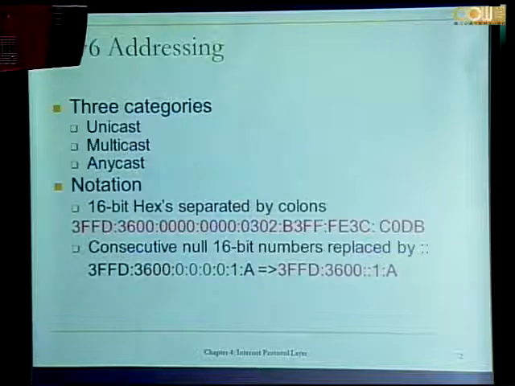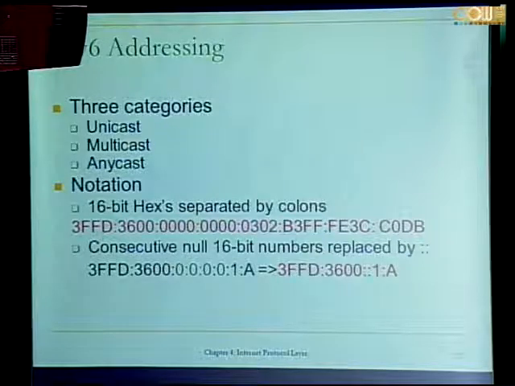Okay, and here's the way they represent an IPv6 address, in hexadecimal, and since it's 128 bits in length, each hex digit is 4 bits.